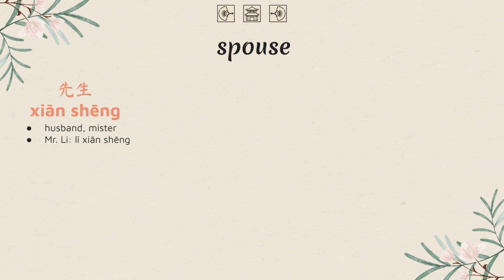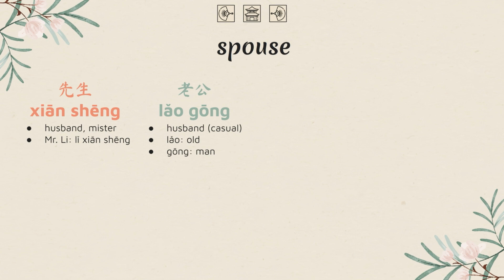So it's 李先生. So 先生 is kind of a formal way to address somebody's husband. And there's a casual way, which is 老公. 老 means old. 公 means man. So 老公 literally means old man, but it's a casual and affectionate way to call your husband.